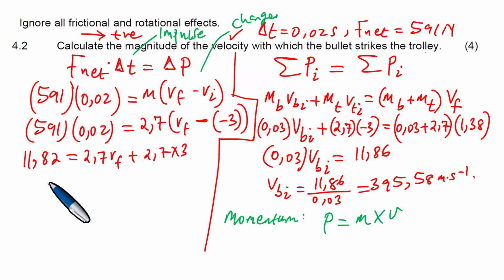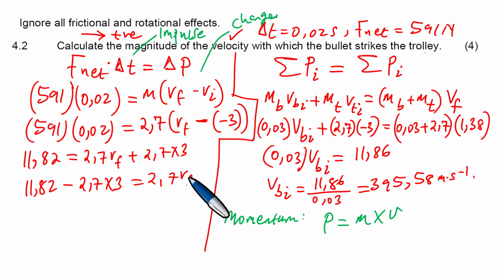I get 10. Okay, where are you getting the 10? Okay, let's do this. You have 11,82 minus 2,7 times 3 equals 2,7 V final.